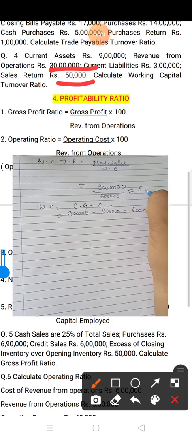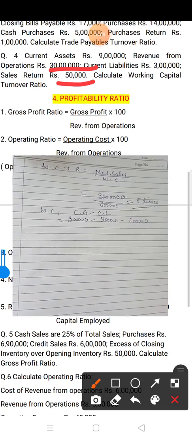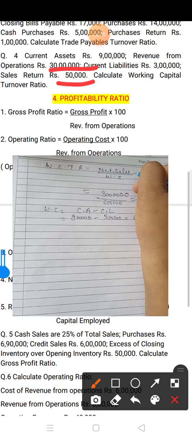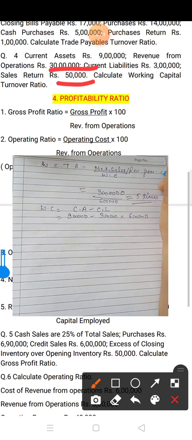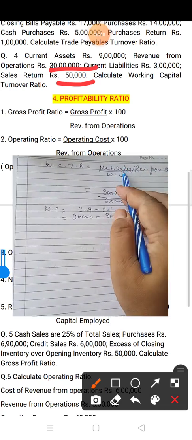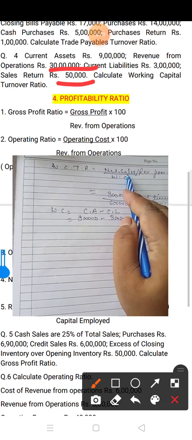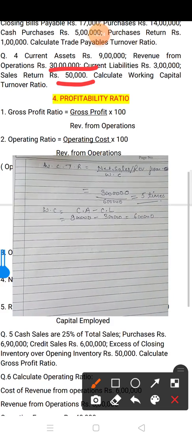Divide it and answer will come in times, that is 5 times. Always remember, revenue from operation means net sale. It means sales return is already deducted from this revenue from operation.